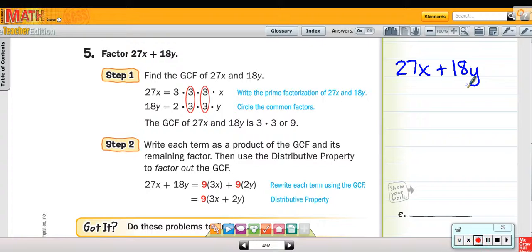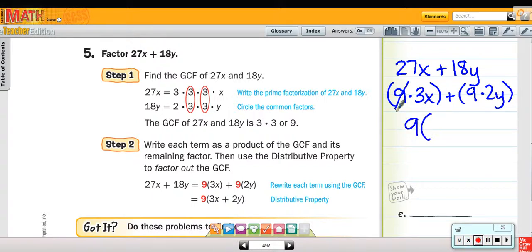Toby? 9. So we're going to remove the 9. 9 times what makes 27x? 3x. Don't forget the x. Plus 9 times what makes 18y? 2y.